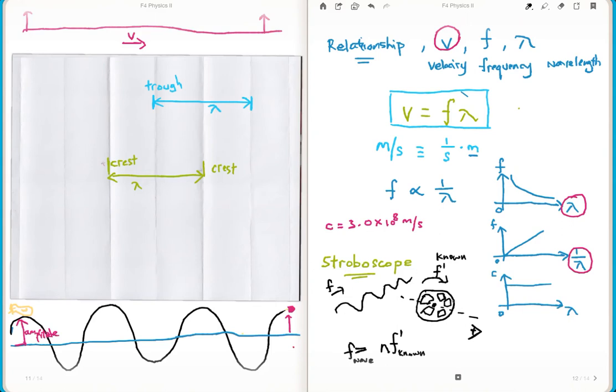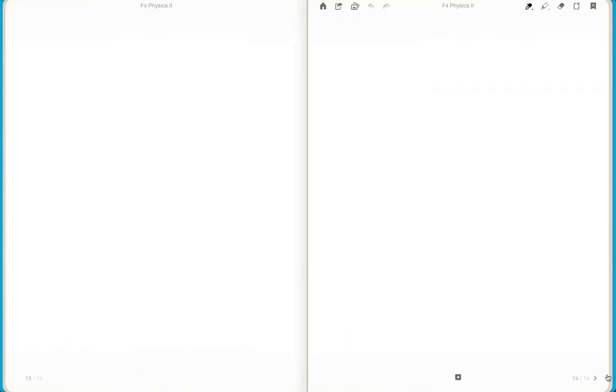No? Then you increase the frequency until you get a stationary wave. Then you multiply by the number of holes, and you are able to tell the frequency of your wave. So that's the instrument you use, the stroboscope. You may rewind to the previous minute and listen again. What does stroboscope mean?